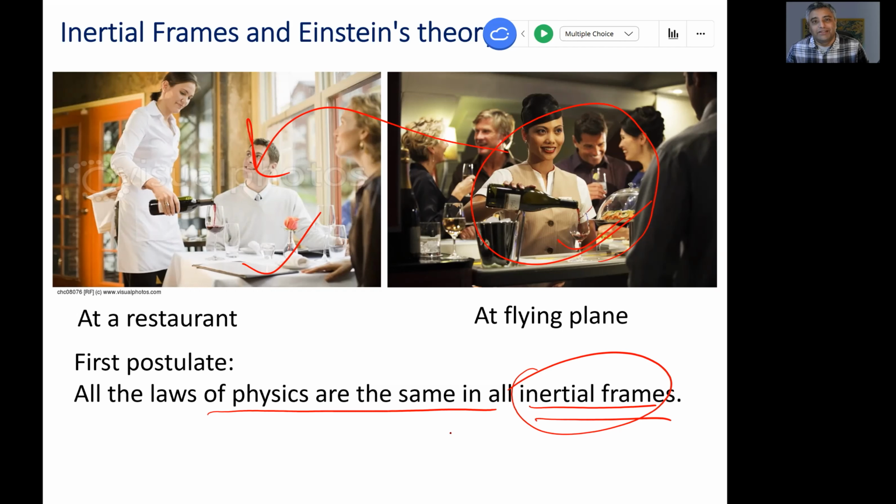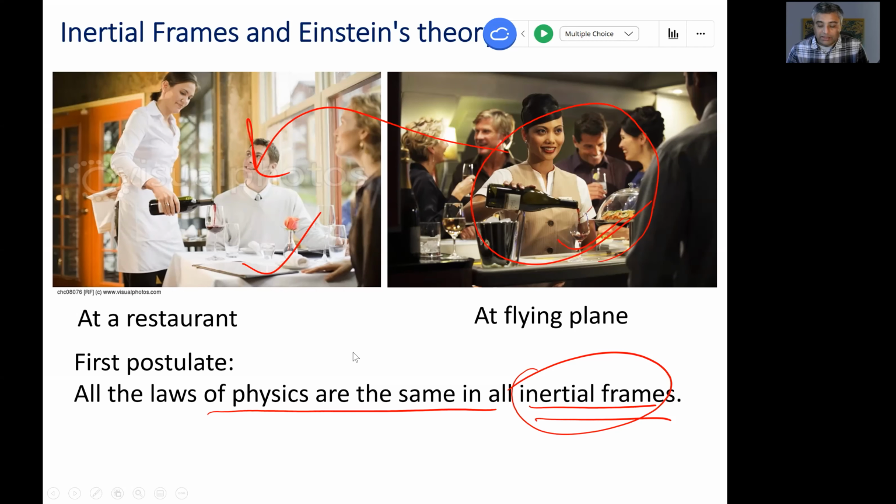So you are on the ground; the ground is one inertial frame, and the plane is moving at constant speed, or I should say constant velocity, with respect to the ground, which means that is an inertial frame of reference. But when it is accelerating, then that's not an inertial frame, okay?